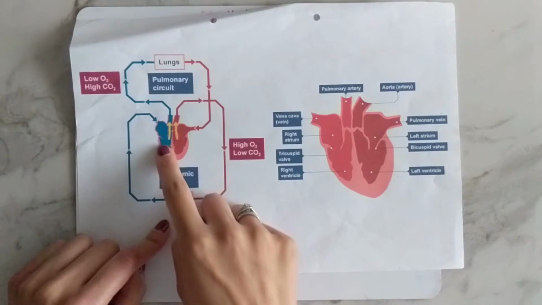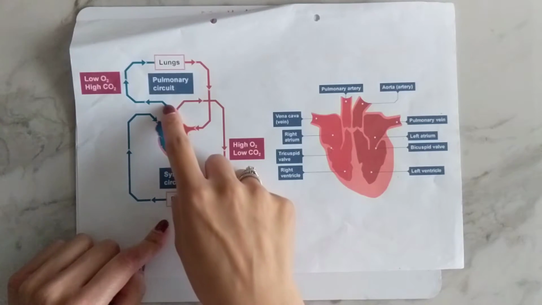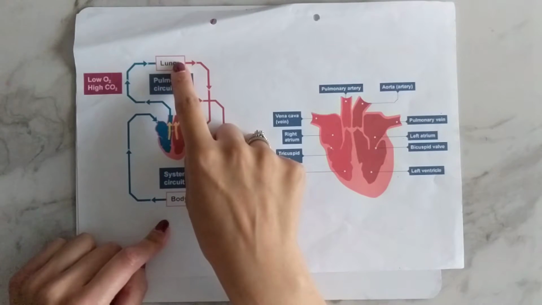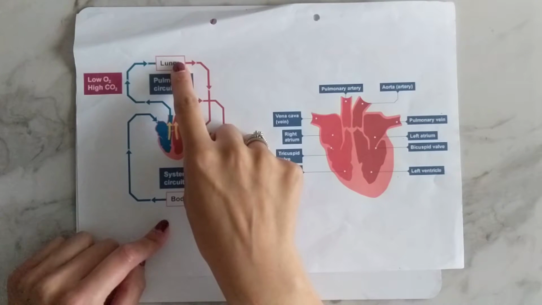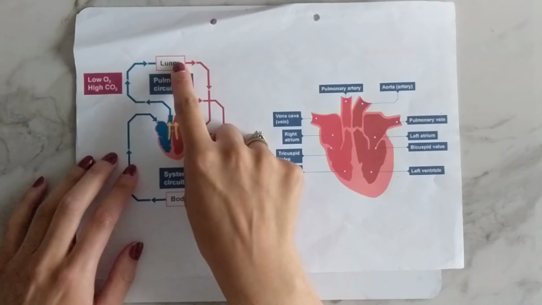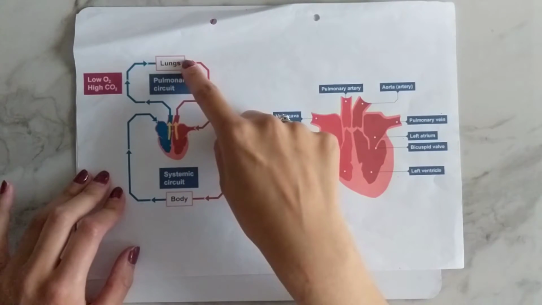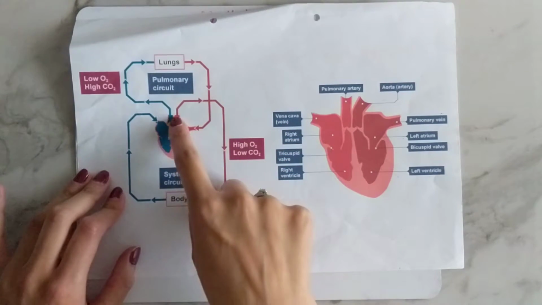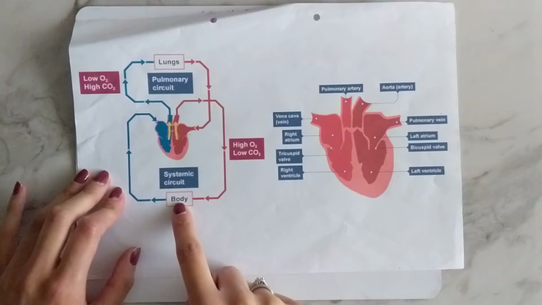So it passes through the heart and is pumped to the lungs. At the lungs, it's going to pick up oxygen. The blood's going to be reoxygenated, and then this reoxygenated blood travels to the heart to then be pumped to the rest of the body.